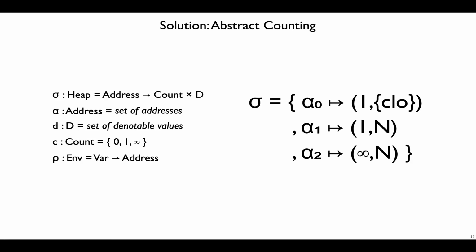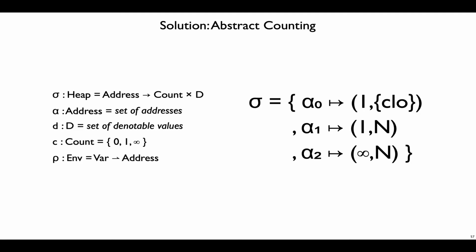On the right is a heap enriched with abstract counting. Alpha 0 maps not only to a set of closure values, but also to an abstract count of 1, indicating that this abstract allocation corresponds to one specific concrete allocation.